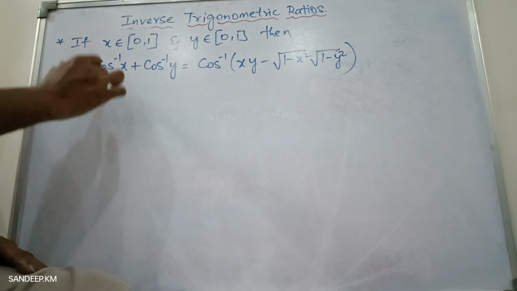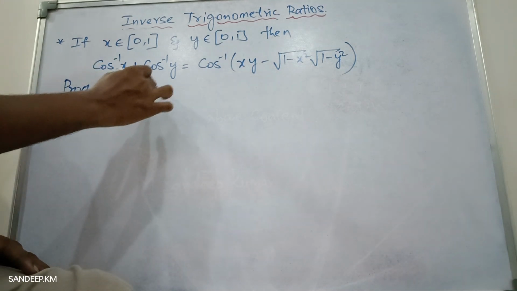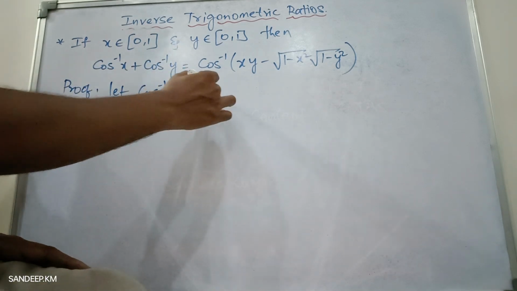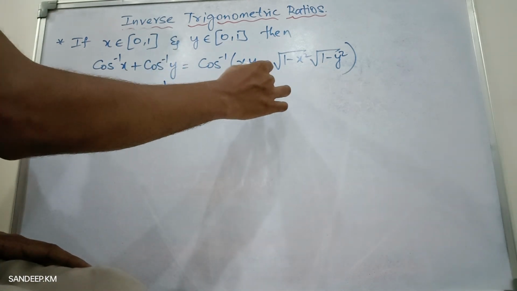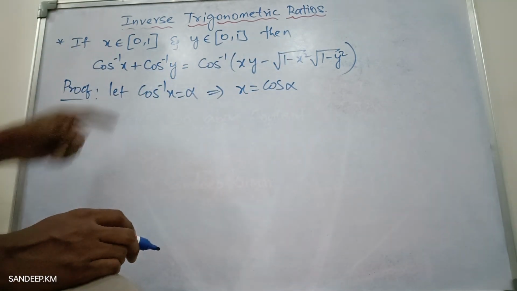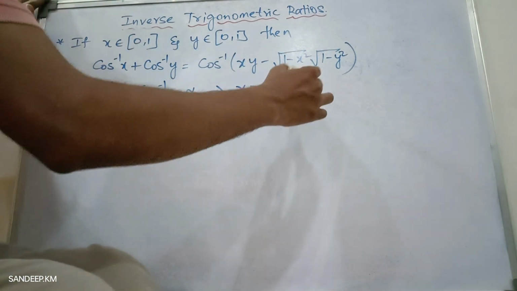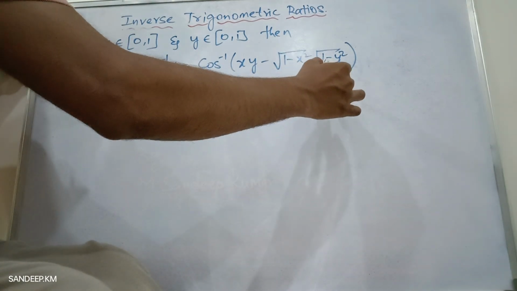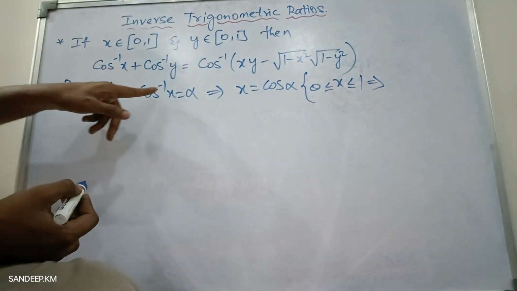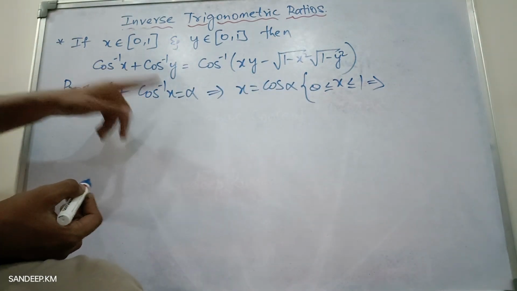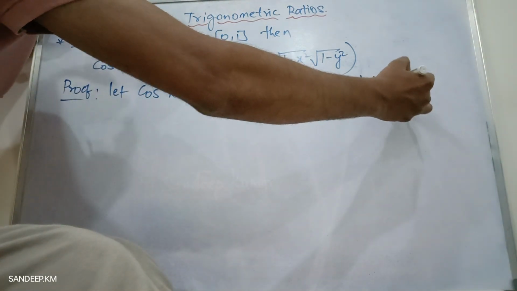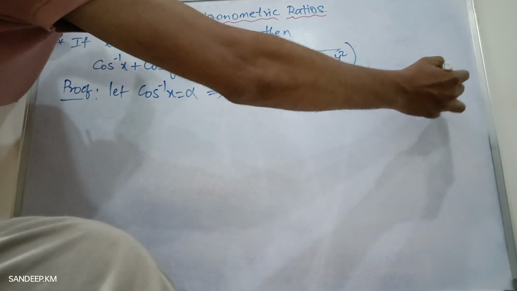first let me take cos inverse x is equal to alpha, some angle called alpha, and from this we can say that x is equal to cos alpha. And dear students, if x is between 0 and 1, remember, then cos inverse x, or alpha, is between 0 and pi by 2.